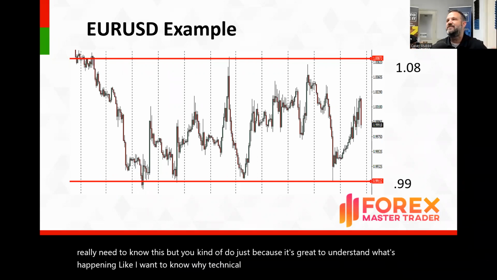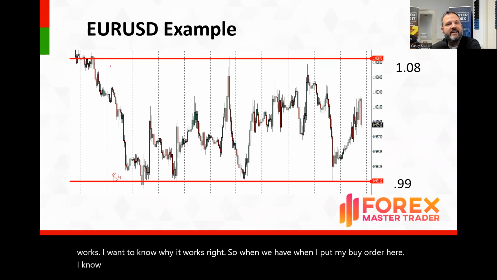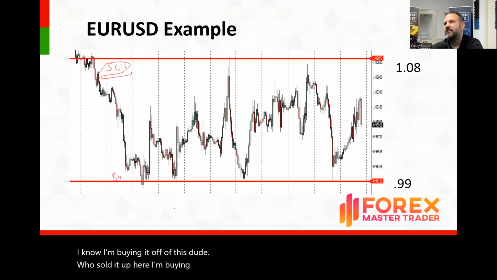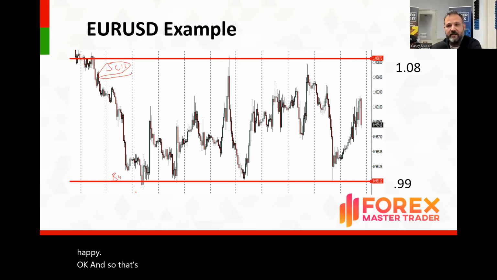I don't need to just know that it works. I want to know why it works, right? So when I put my buy order here, I know that I'm buying it off of this dude who sold it up here. I'm buying his shares, okay? Because he's already got his dollars and he's happy. And so that's something we need to know about levels, right?